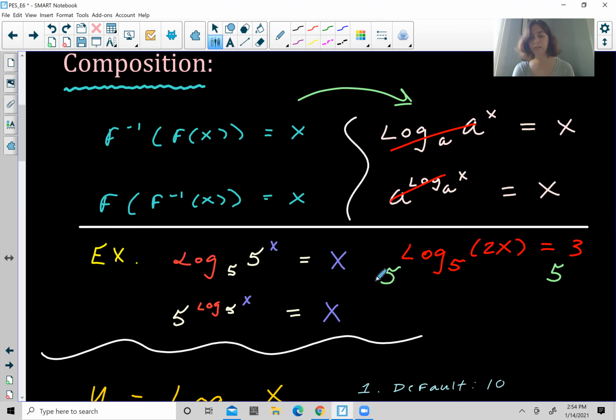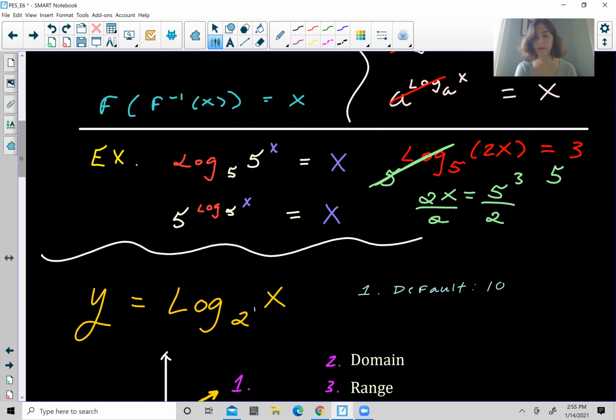And what's going to happen is the 5 with the log and the exponent, that's going to cancel, and we'll be left with 2x equals 5 to the power of 3. Divide both sides by 2. Let me pull down here. And then you'll get whatever answer you get there.